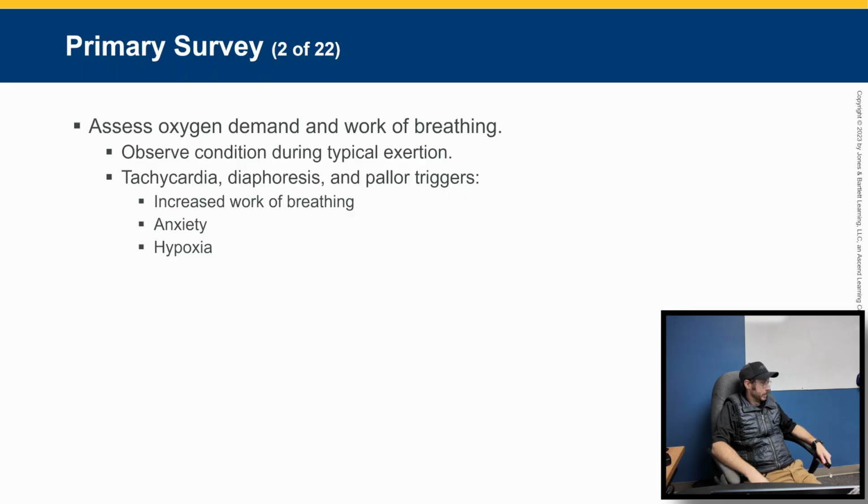It goes down from the baseline. So I can pretty much tell, just by a very brief, less than a minute worth of assessment, that your oxygen demand is up or down from your baseline, right?